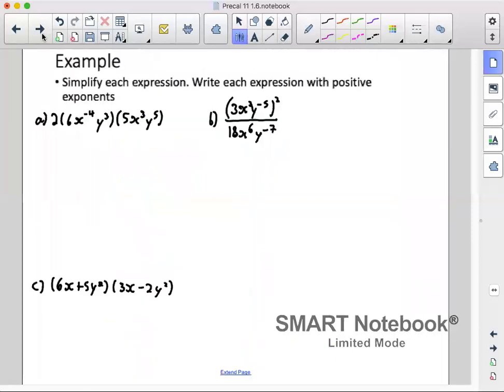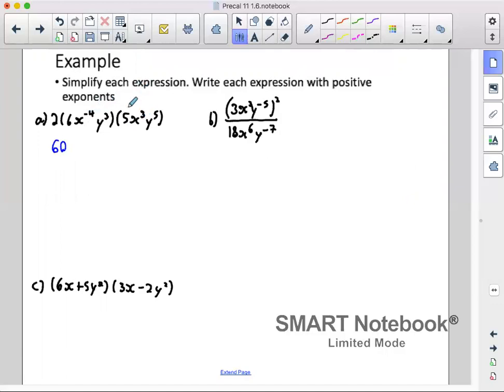Next example, simplify each expression, write each expression with positive exponents. So for this, we just multiply like terms together. So we've got 2 times 6 is 12, times 5 is 60. x to the negative 4 times x to the 3.